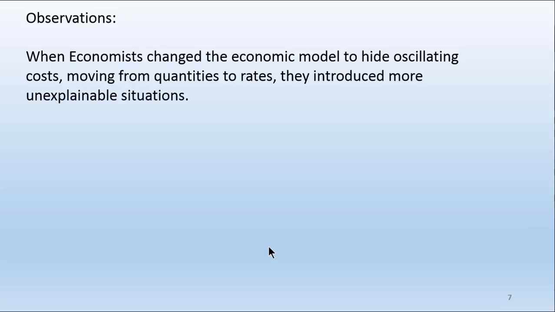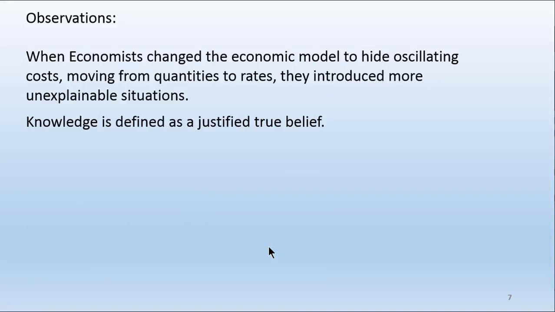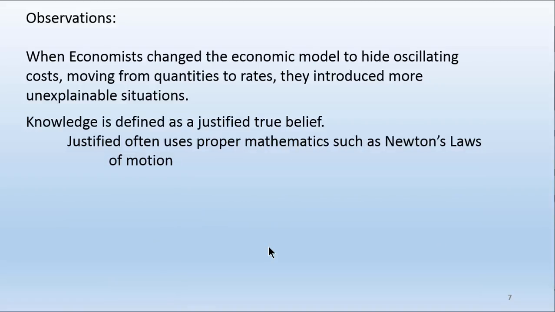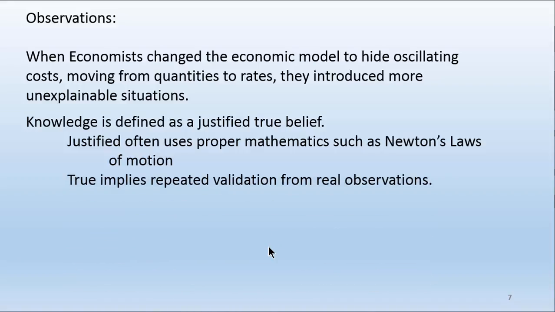So, some observations. When economists change the economic model to highly oscillating cost, moving from quantities to rates, they introduce more unexplainable situations. Knowledge is defined as a justified true belief. Justified often uses proper mathematics, such as Newton's laws of motion. And true implies repeated validation from real observations.